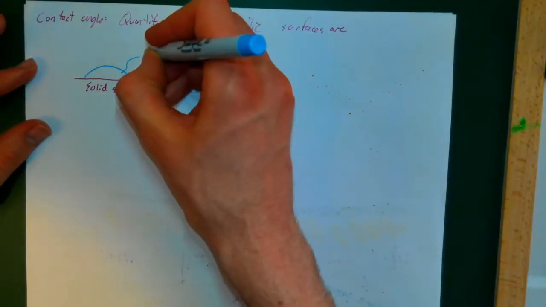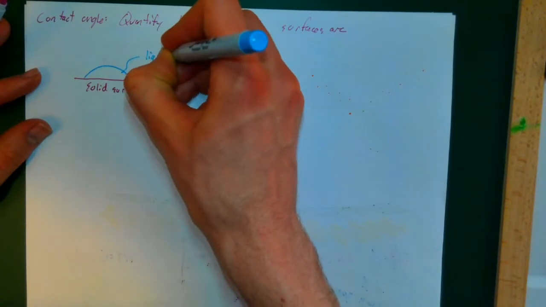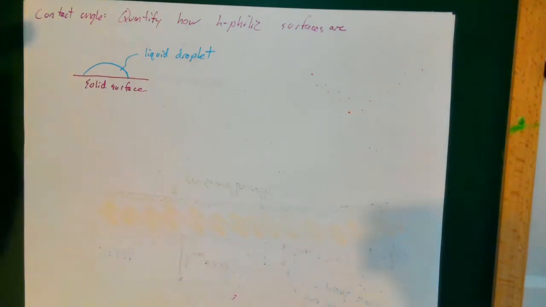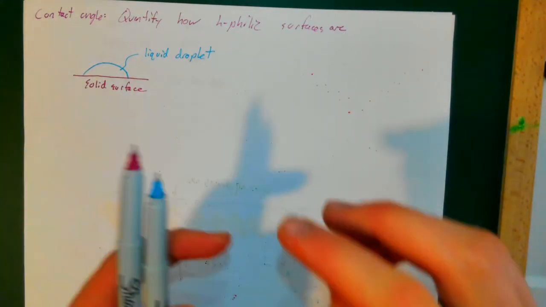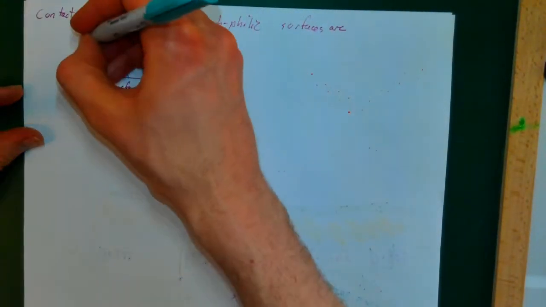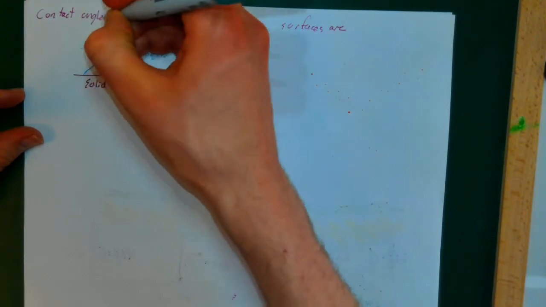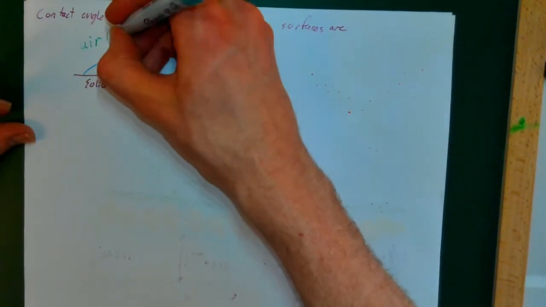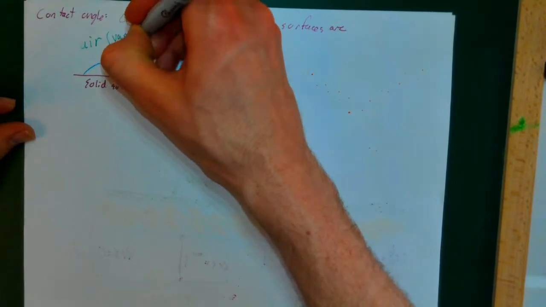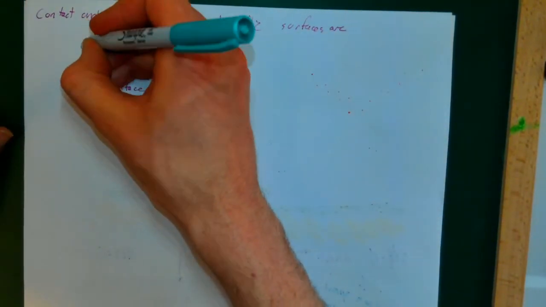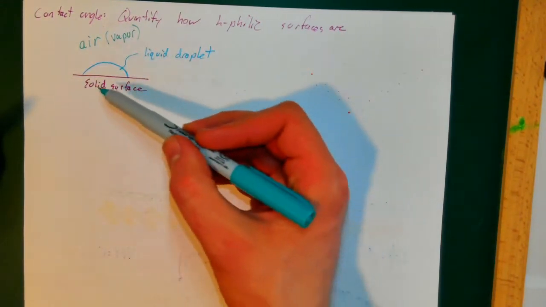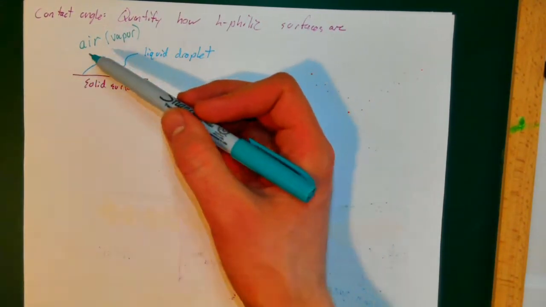So you put a liquid droplet on the surface, and then all around it you have air, which in the literature people oftentimes call vapor, because strictly speaking it doesn't have to be air. But we basically have three states of matter: solid, liquid, and vapor.